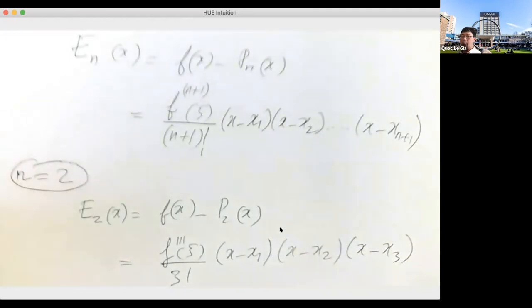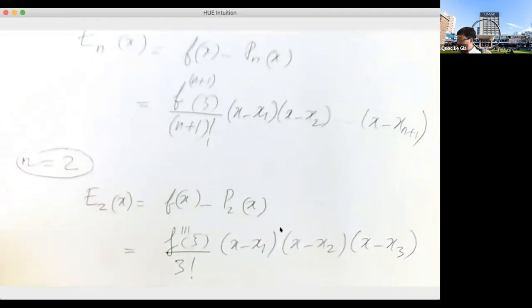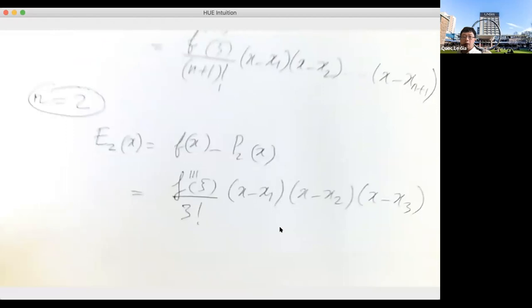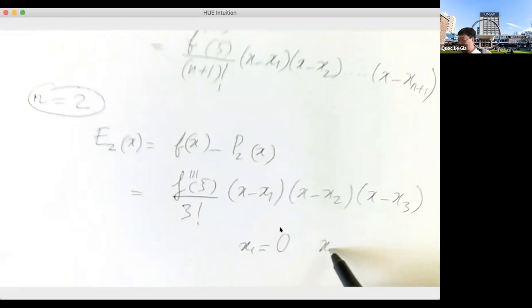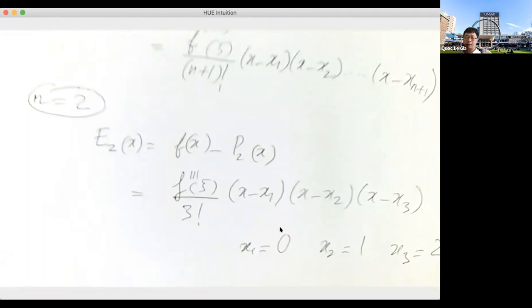And so what are those 3 points? So now we have two pieces of assumption. So first we have 3 points: x1 equal 0, x2 equal 1, and x3 equal 2, right?